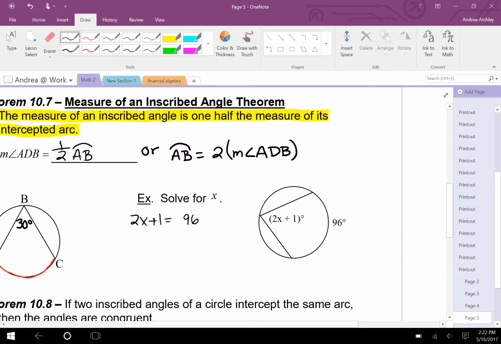They're not equal, so how can I make them equal? I can't subtract yet. Yeah? Very good. The angle needs to be twice as big to get it to be the arc. So we can multiply this by 2.